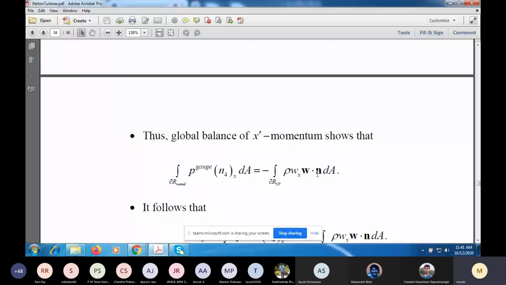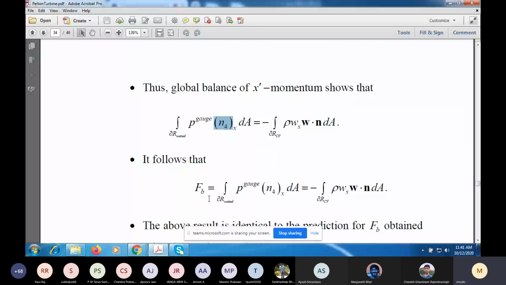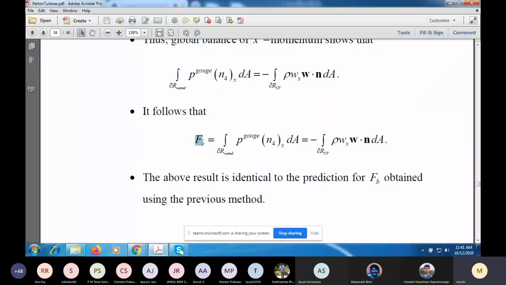So the force on the blade is the negative of the volume flux of the relative velocity, the x component. And this result is identical to what we had done last time using a different control volume which included the solid surface.